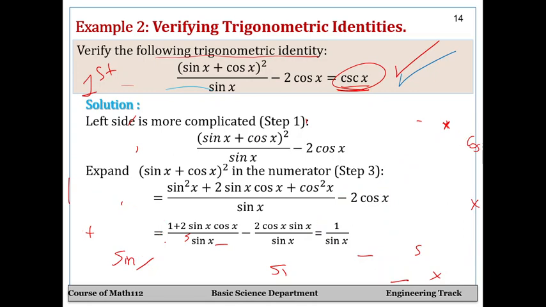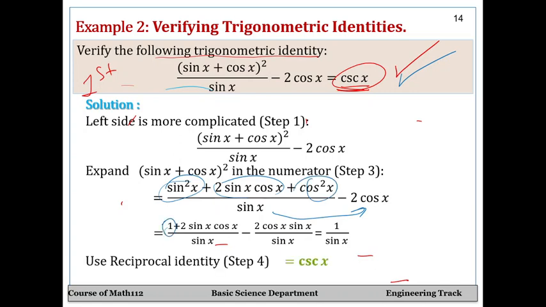Step 1, do the square, and then step 2, expand, and then you can separate these two. Or you can combine them and use sine squared plus cosine squared, right? One. This is exactly what I did.